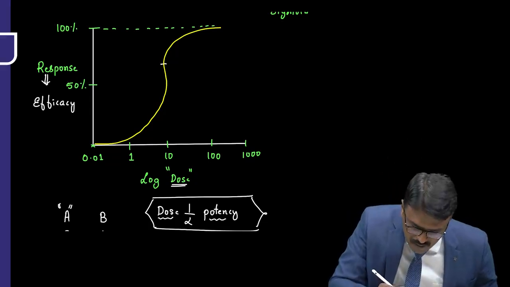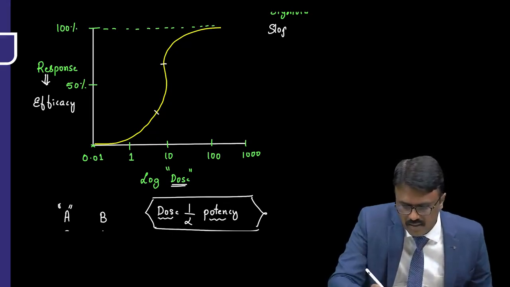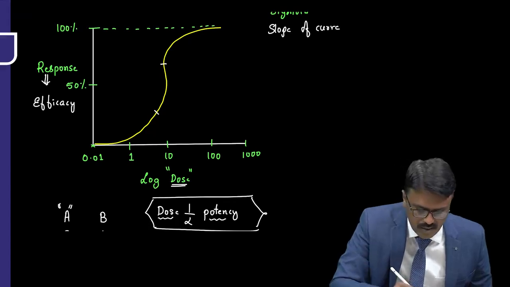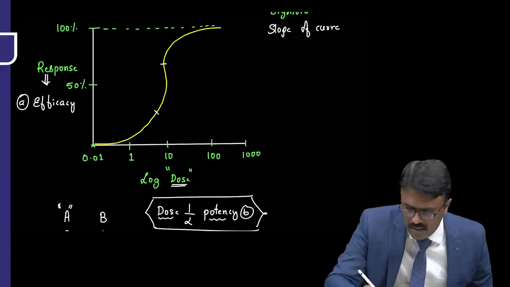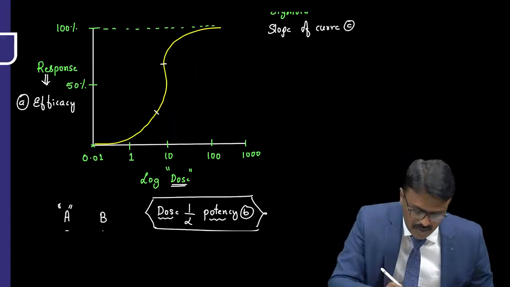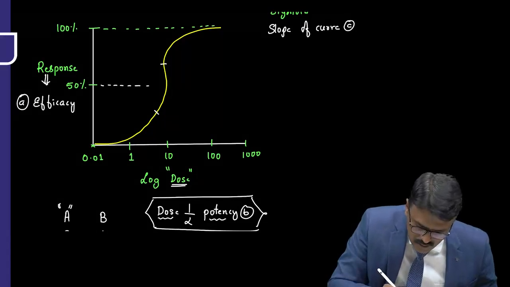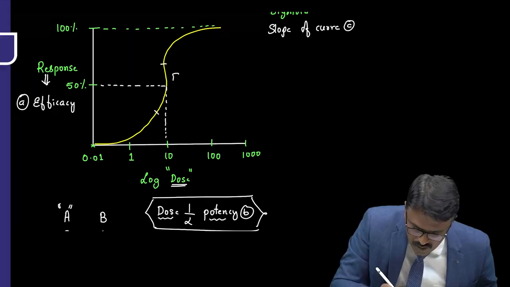Now the middle part is what we mean by the slope of the curve, and we will discuss that later. What is the importance of the slope of the curve? So three things: efficacy, potency, and slope of the curve. What is more important? Now what happens is there is a 50% response you see. So this is called ED50.